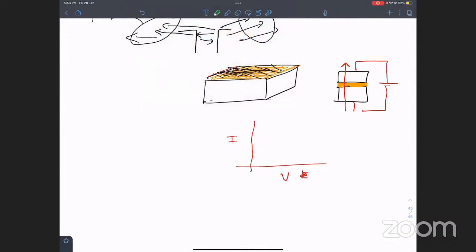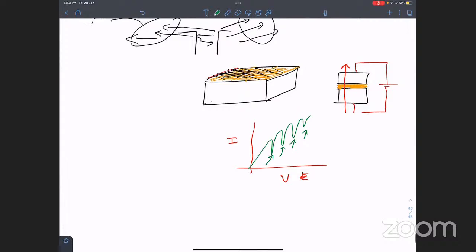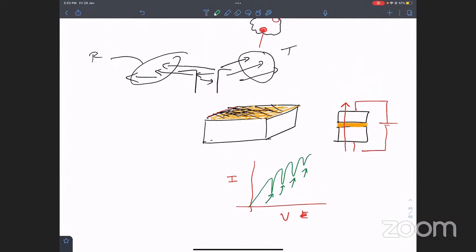The IV curve of this particular device has a very interesting feature. It's going to have ripples in the IV curve. Why are these ripples coming in? These ripples are coming in because of these multiple reflections and all these other phenomena. Anybody who has done optics will not be surprised at this, because in optics we know this multiple reflection thing very easily.